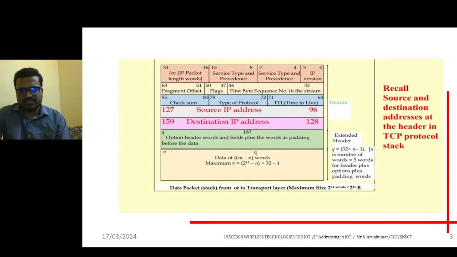Next one is processing. Initially, the source and destination address of the concerned TCP protocol stack is followed by the source address, destination IP address, and calculation of the number of bits to be followed in the protocols. That has to be identified in this source diagram, especially for Internet Protocol.